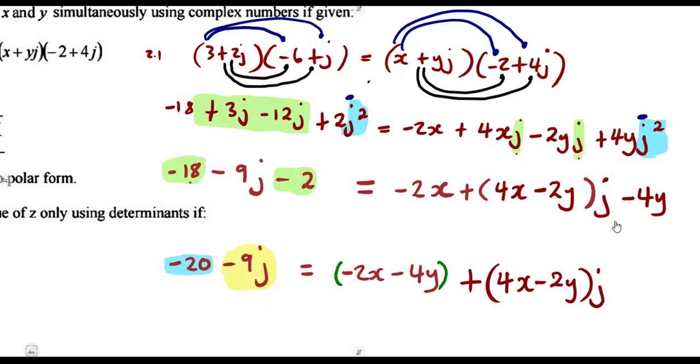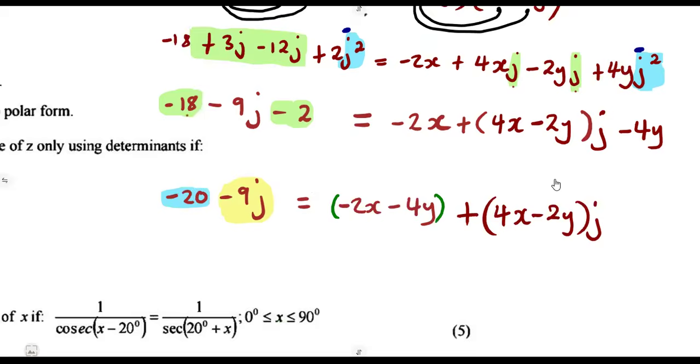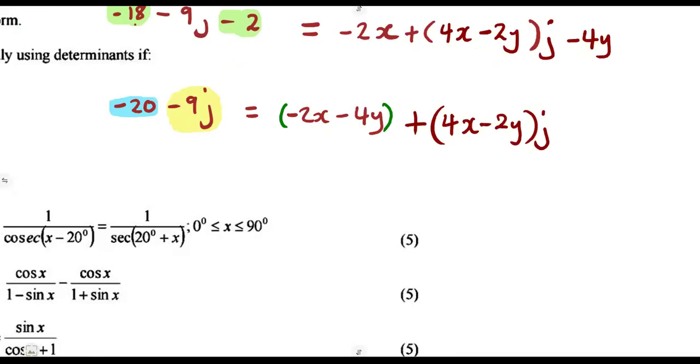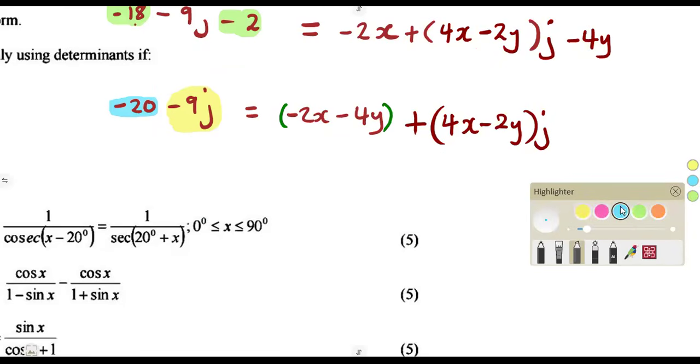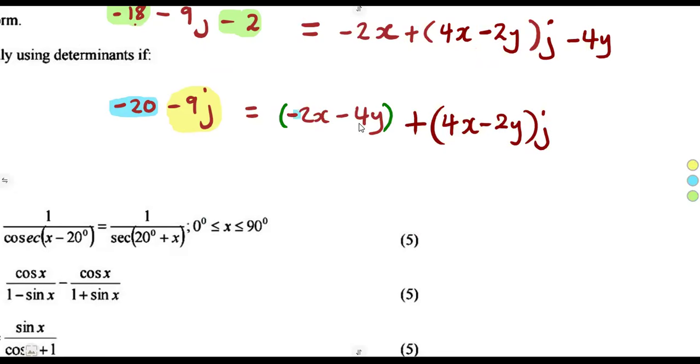You're going to notice that on the left-hand side we have the real part and the imaginary part. The right-hand side, the same thing: the real part and the imaginary part. So we are going to equate the real terms together, this part to the real, and the imaginary part to the imaginary.